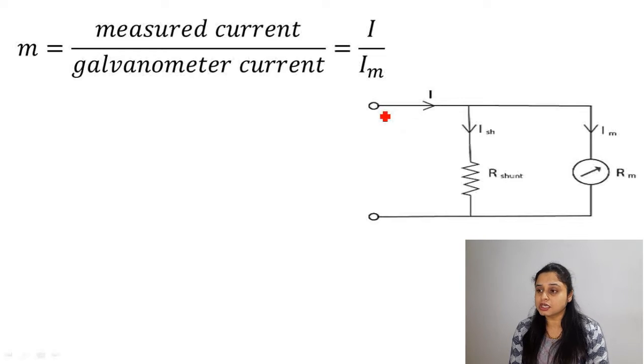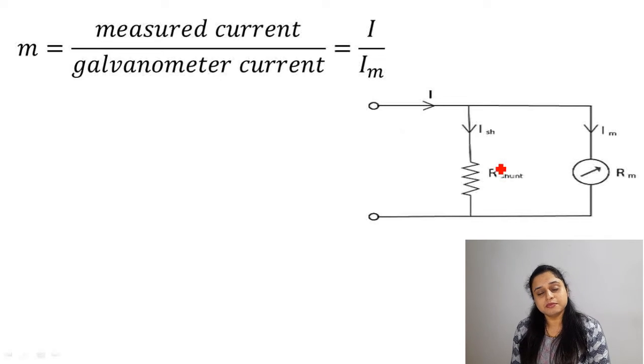In this complete diagram, you can see this is the ammeter, or you can say the galvanometer, whose internal resistance is denoted by Rm, and the current flowing through that meter is denoted by Im. We connect the shunt resistance because we have to measure a higher amount of current.